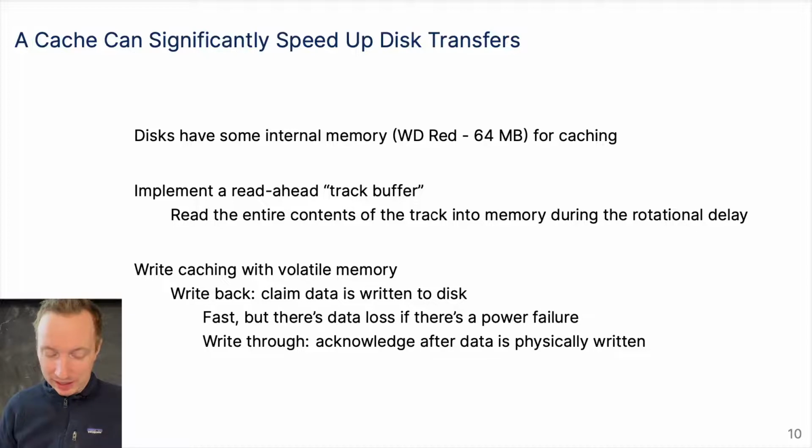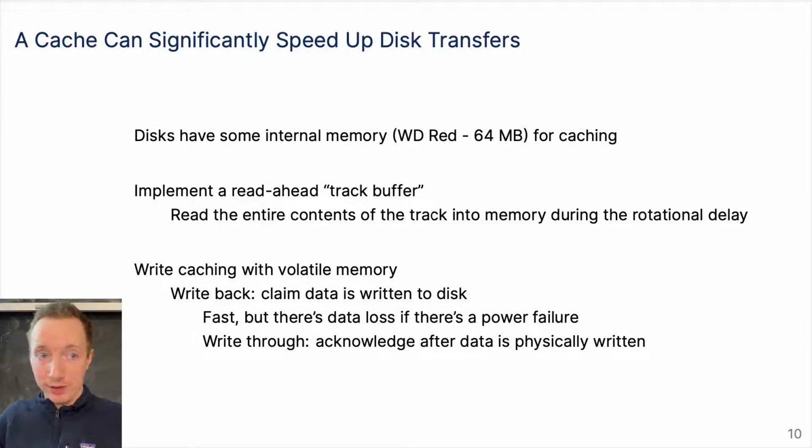Basically, it reads the entire contents of a track while it's already there and keeps it in a cache. So if you're going to access some information that has already been read in that track, you don't have to wait for the disk to spin back around to where it started. It would just read from the cache because it's already passed by.